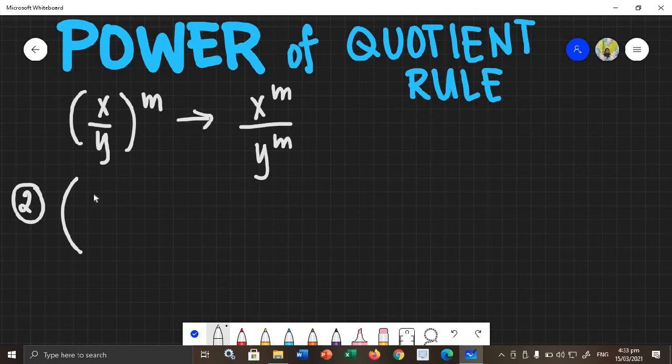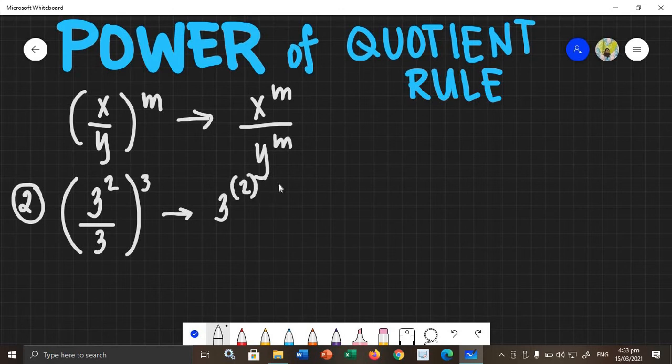a number yung base. So let's say we have 3 raised to the second power all over 3. And then the whole expression is raised to the third power. So using the power of quotient rule, distribute natin si 3 to each term in the expression. So we have 3 raised to the second power.